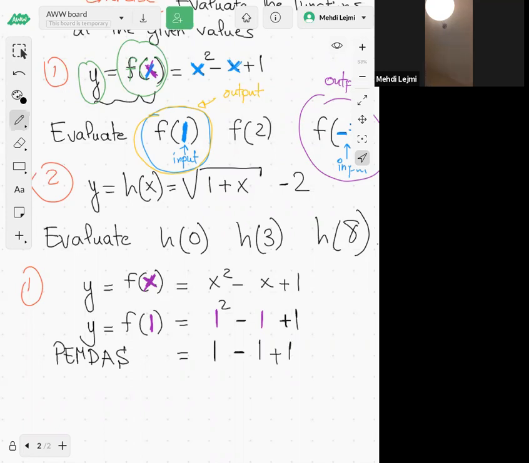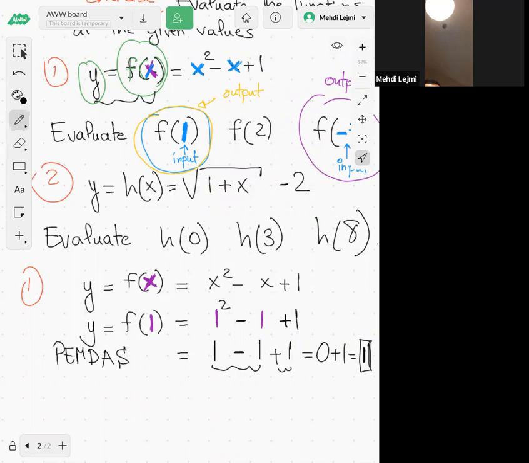Here you have addition and subtraction at the same time, so because of the PEMDAS rule, we have to go from left to right. So it's 1 minus 1, that will be 0, and then 0 plus 1. So the answer here is +1.